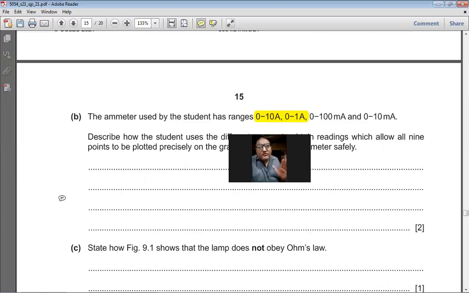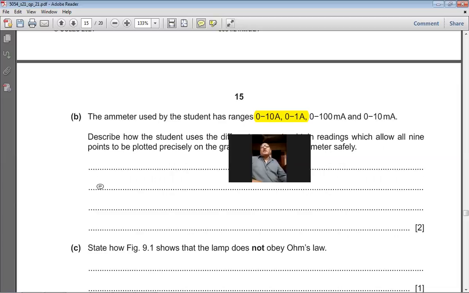And the reason we use these ranges is so that the ammeter shows a visible, significant, large deflection for that amount of current.